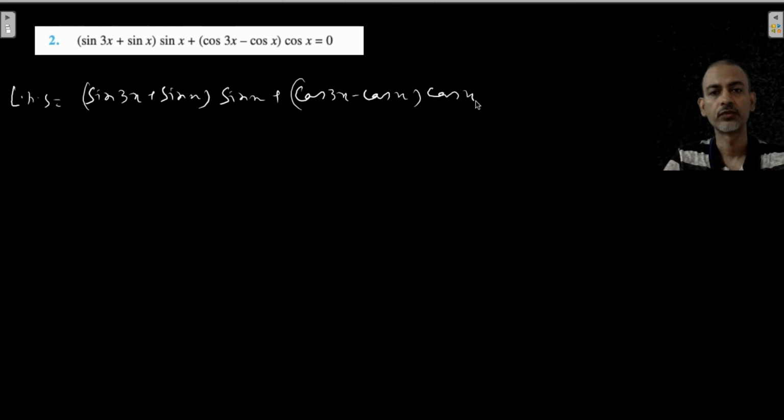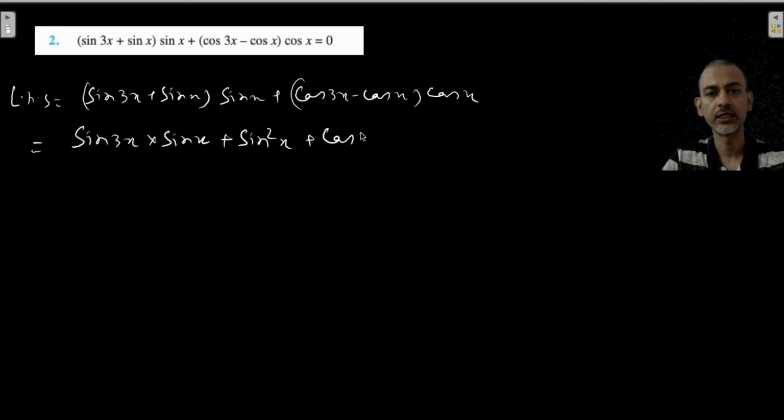Alright. So first of all, whatever is in bracket, let's expand and then simplify it. So we will get sin 3x into sin x, just expand it. Sin x into sin x will be sin square x, plus cos 3x into cos x minus cos square x.